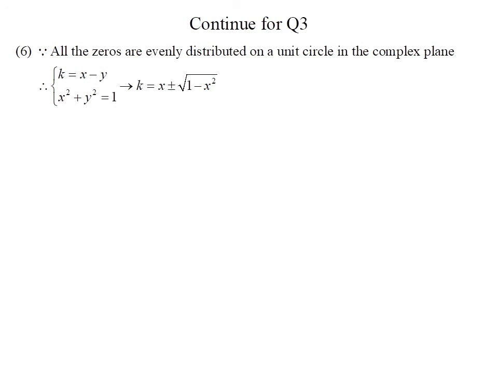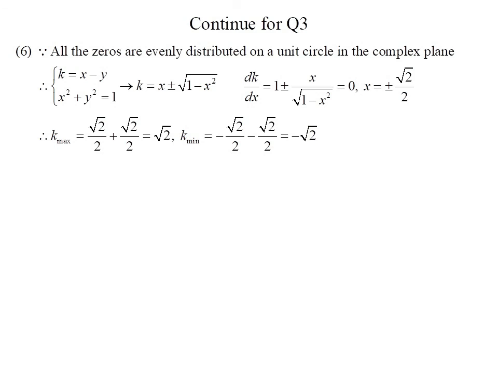After substituting y from the first equation to the second equation, we can express k in terms of x. Then we differentiate k with respect to x and find that the maximum and minimum values of k can be obtained at x equals square root 2 over 2 or negative square root 2 over 2. Hence, we find the value range of k, which is between negative square root 2 over 2 and square root 2 over 2, including both endpoints.